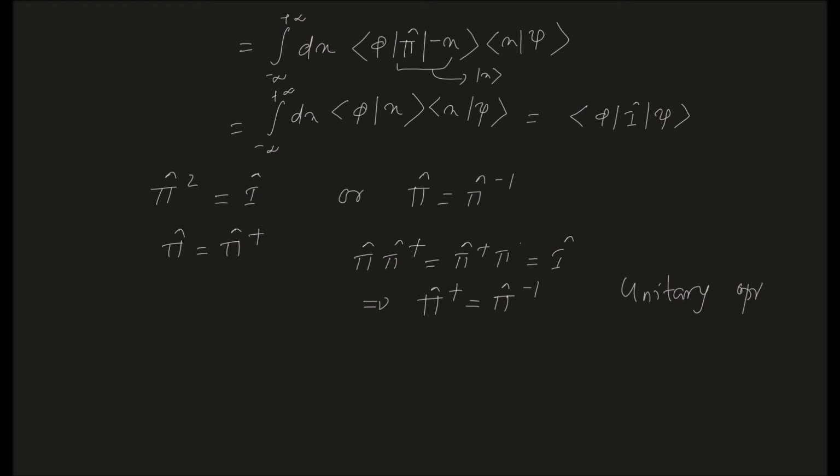Now, because of this property, the parity operator acting twice gives us the identity element, we can write an eigenvalue equation of the form, let's say, P acting on psi of r equal to, let's say, some eigenvalue pi, times psi of r.